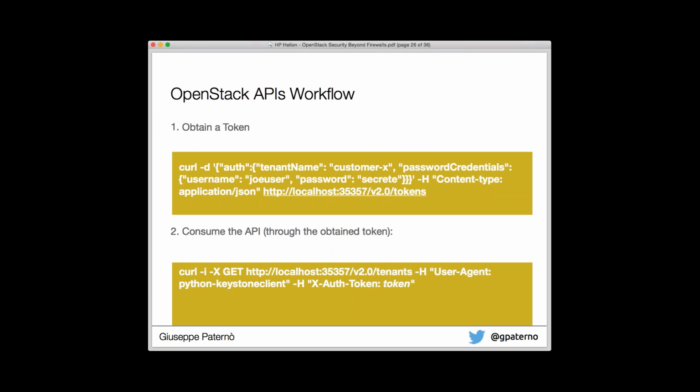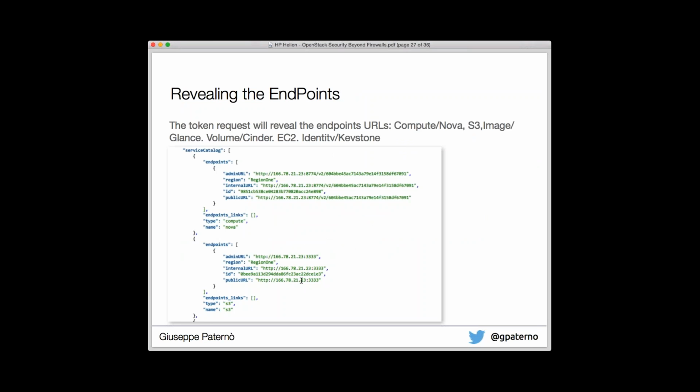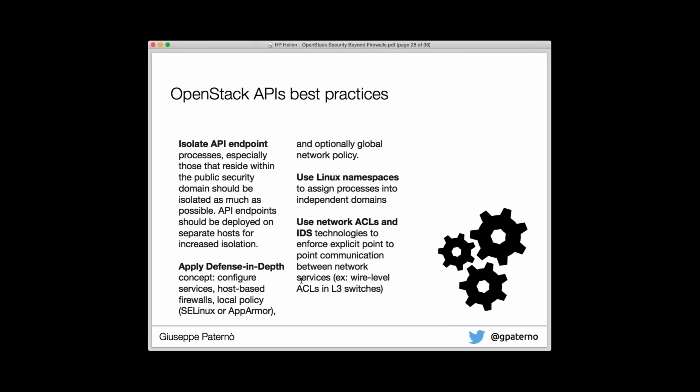So how does it work? Again, you hit via curl, you get the token, and then with the token you go and consume other services. So how can you make the OpenStack APIs a bit more secure?